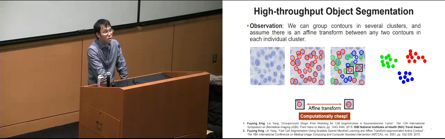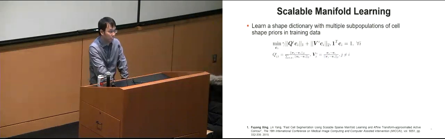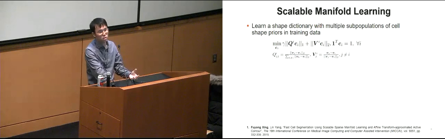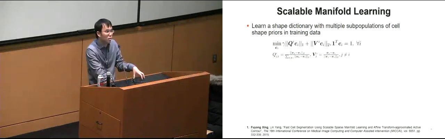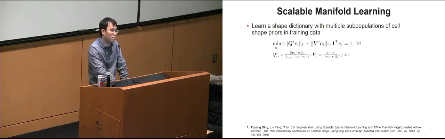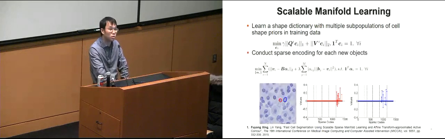So actually here we develop a scalable manifold learning algorithm to do the membership update. As usual, we learn the dictionary, similar to what we did in the previous slides, and then this dictionary will have multiple subgroups corresponding to multiple shape suppliers, and one subgroup will correspond to one kind of shape. Then in the testing stage, we don't need to learn the dictionary again. We just do the sparse encoding.